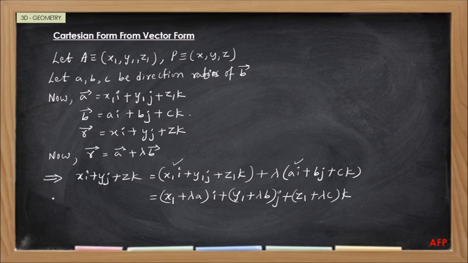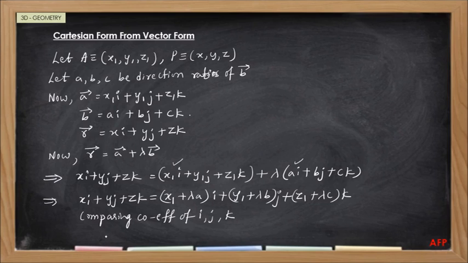So this implies xi, yj, zk equals that expression. Comparing the coefficients of i, j, k, what are we supposed to get here?